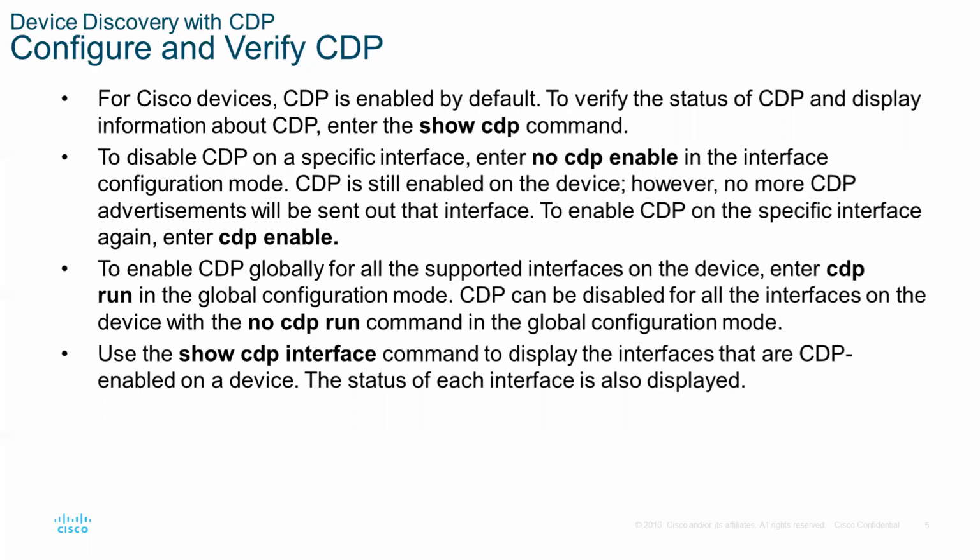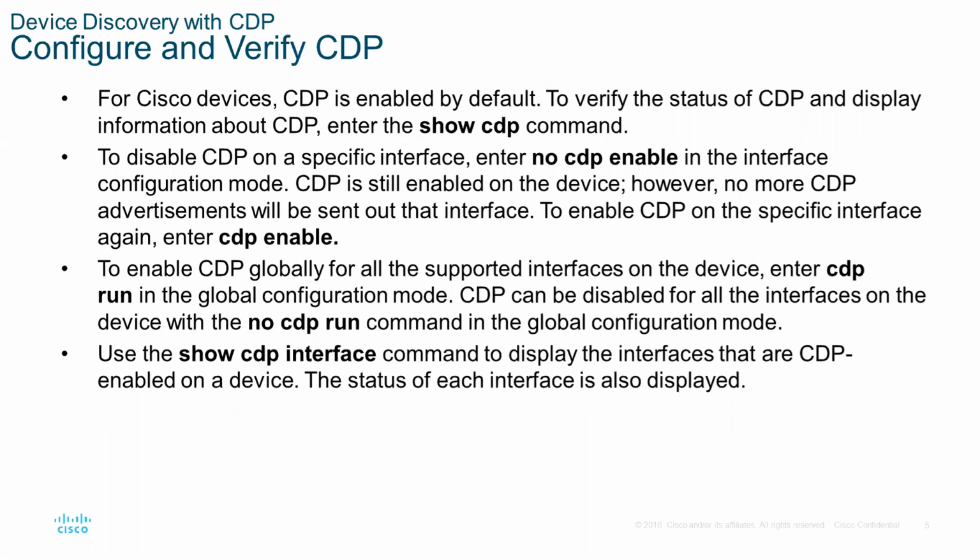Now, you may have reasons for turning it off. So you put no CDP enable on the interface, and that stops the advertisements being sent from that interface, such as an interface facing your service provider, because you don't want to advertise your devices to the outside world. It makes it easier for hackers.